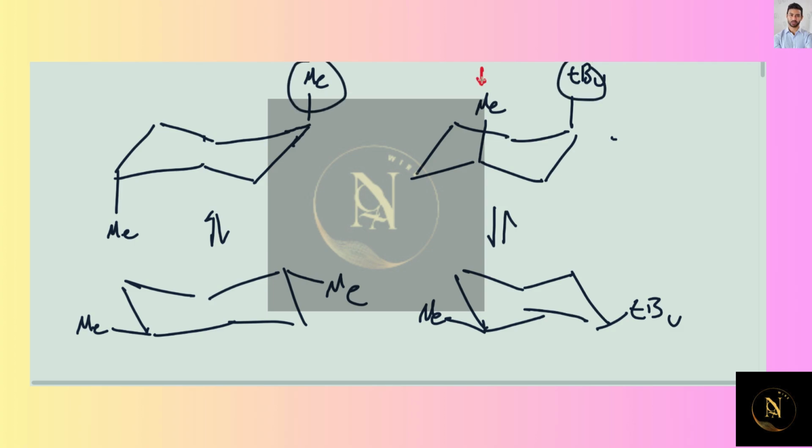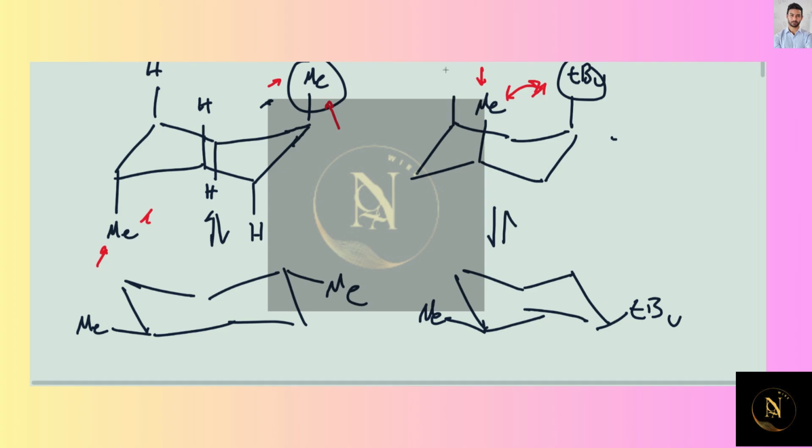We can kind of say this is the same as this, and the real only difference here is this methyl versus this tert-butyl. Or we could say this interaction is different than, say, this and this interaction, right? We've got a methyl interacting with 3 hydrogens down here, and we've got this methyl interacting with 3 hydrogens up here.